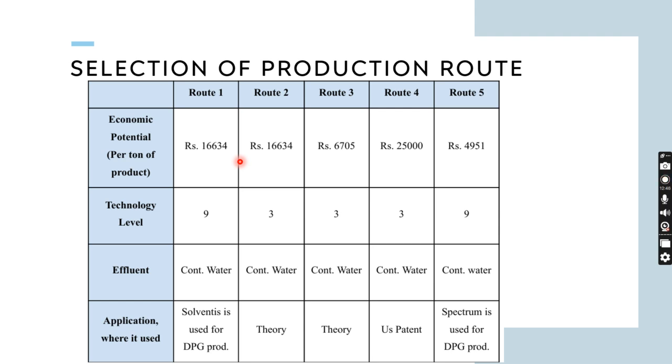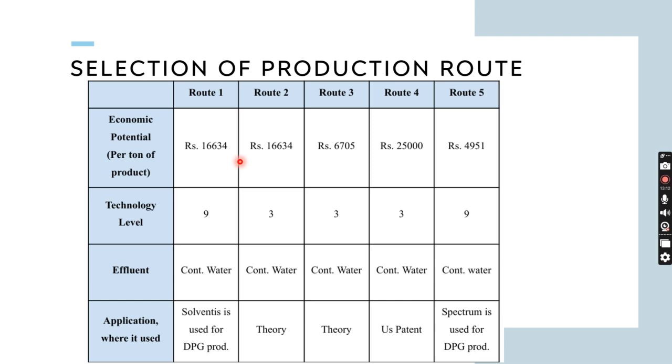This just says how much margin is left before adding any other cost. It is just the cost of the product minus the cost of raw material, without any expenses. So it is the maximum profit that you can make by selling 1 ton of the product.